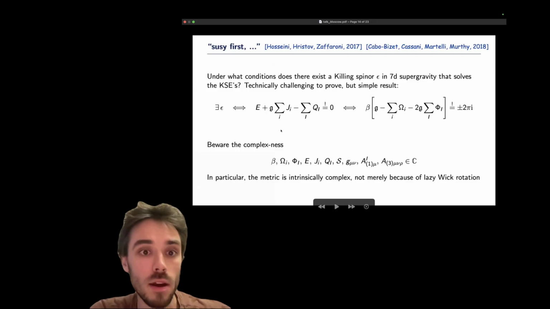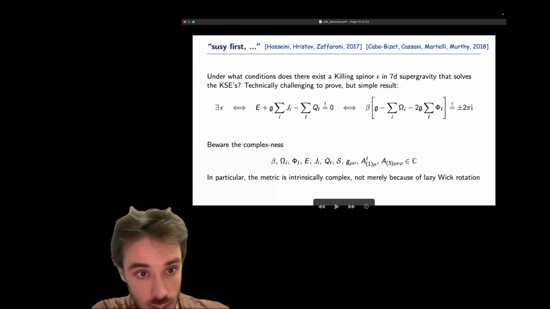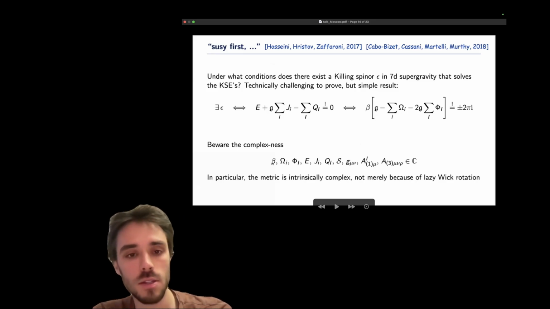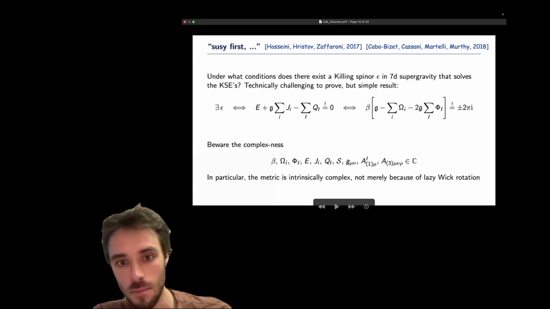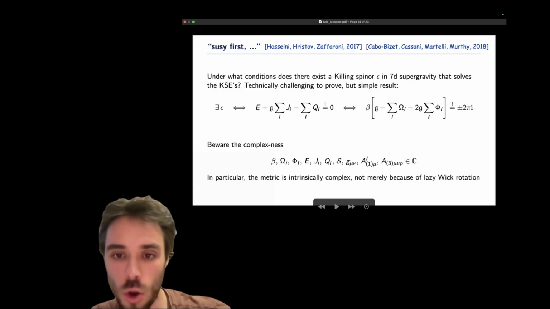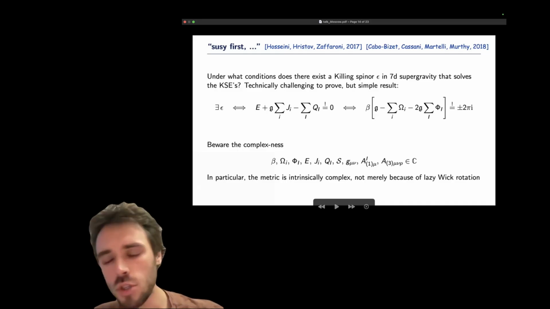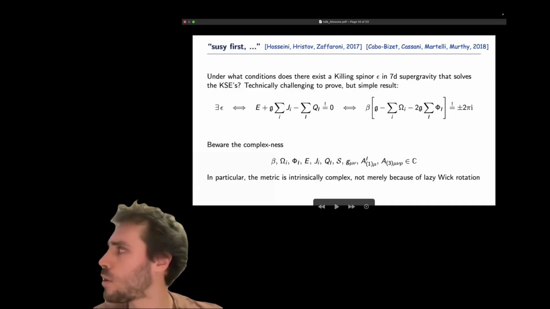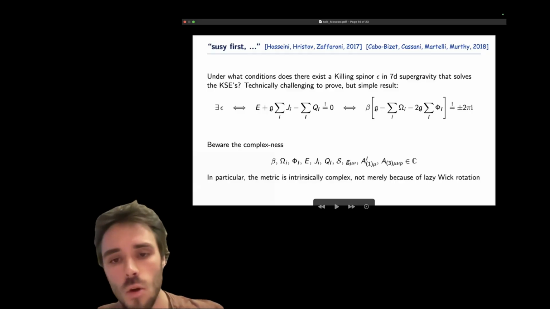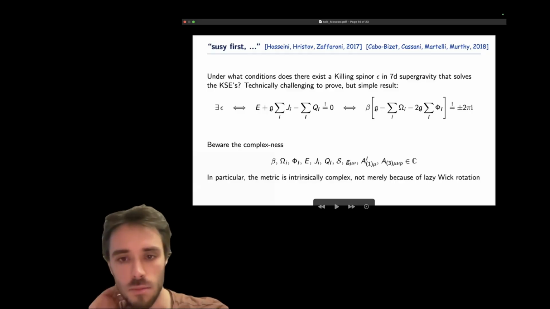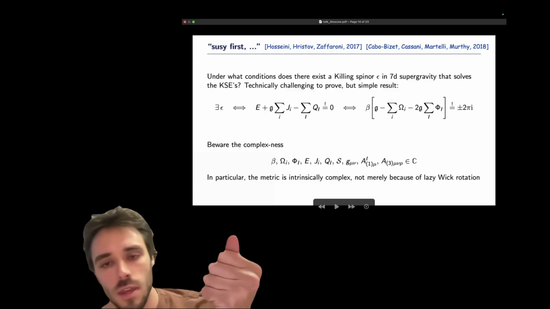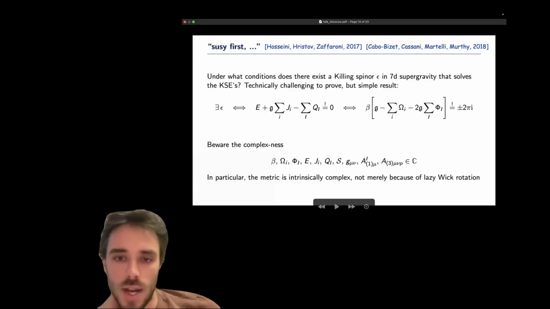But beware the complex nature of what we're doing. Everything is intrinsically complex. That means your potentials, your charges, entropy, metric components, and gauge field components are intrinsically complex. Okay? And moreover, it's not just lazy Wick rotation. You take a rotating black hole and you Wick rotate, and because there is a cross term between t and an angle, that would introduce an i.